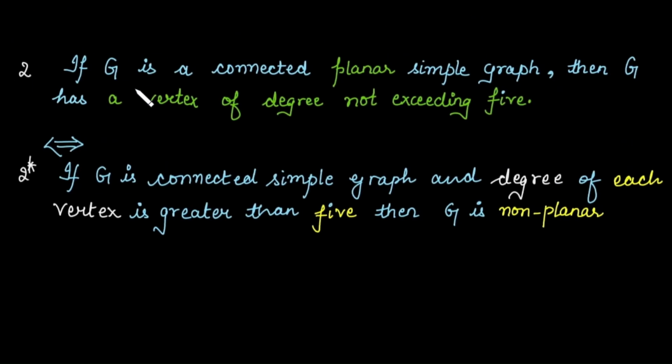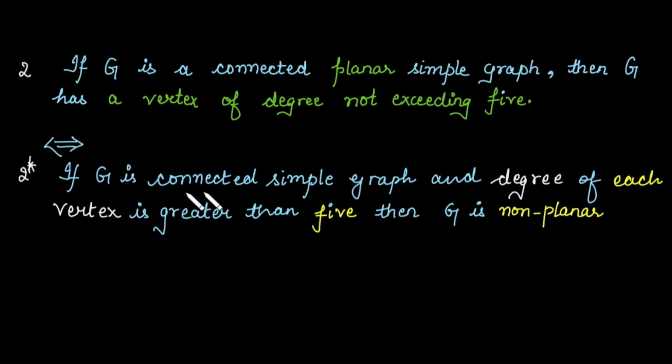The second statement was: if G is a planar graph, then definitely there exists one vertex whose degree is less than or equal to 5. We can also find its equivalent statement for the non-planar graph.